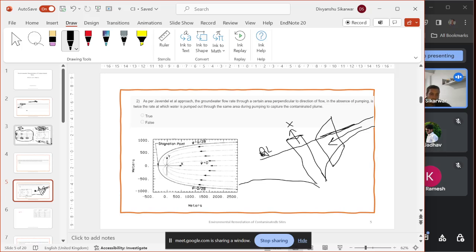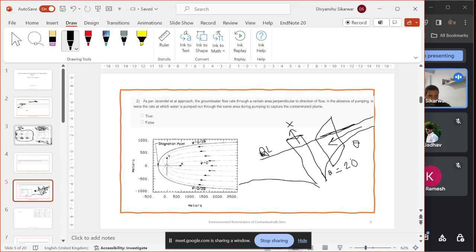So this is saying that this Q value, the flow of the groundwater, is two times of QP, the rate at which water is pumped.